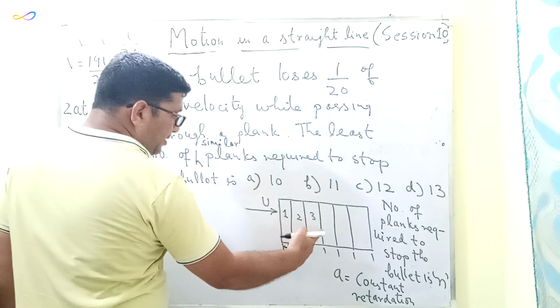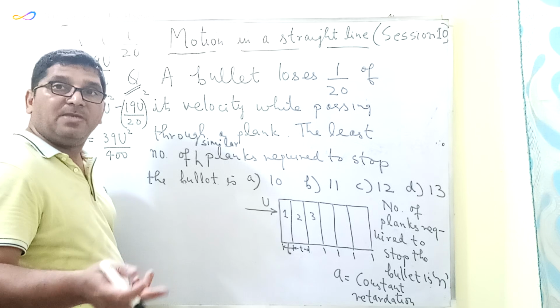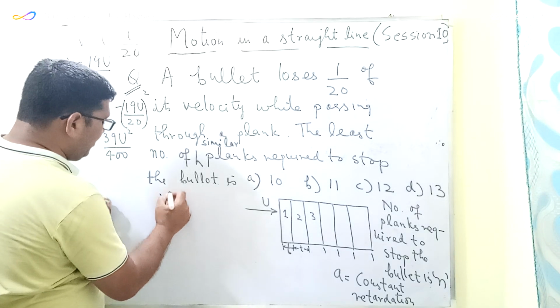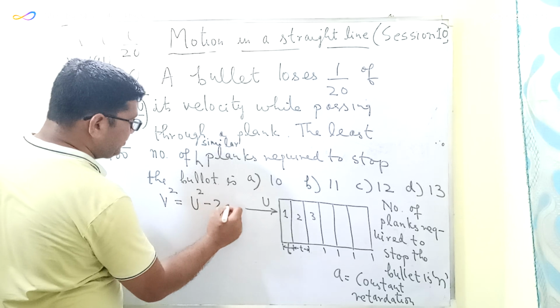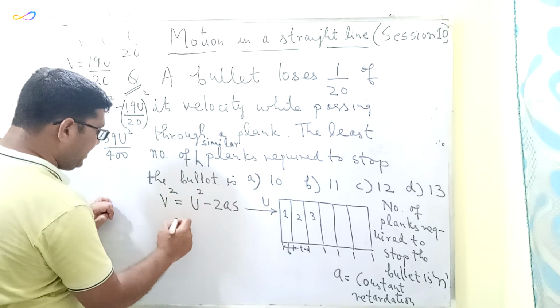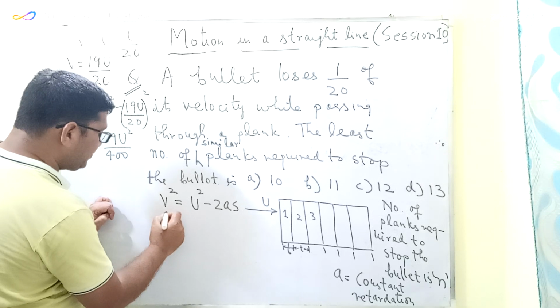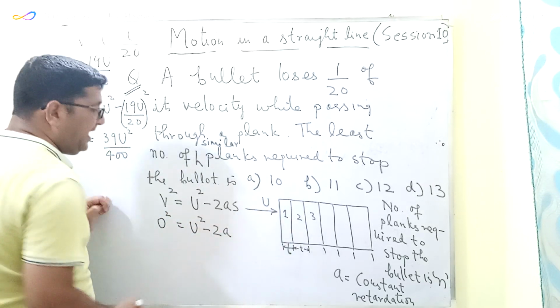Here the initial velocity of the bullet is u, the final velocity will be 0. If I use the equation of motion for constant retardation, that is v square is equal to u square minus 2as, then in this case the initial velocity is u, the final velocity is 0. So 0 square is equal to u square minus 2a. Now what is s?